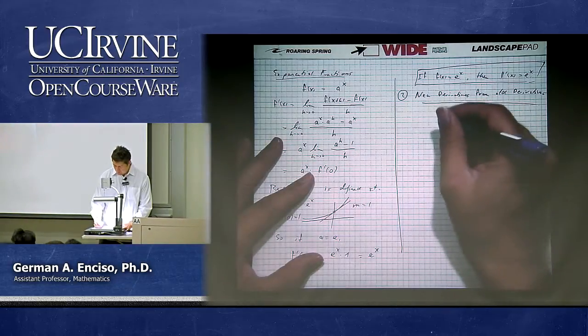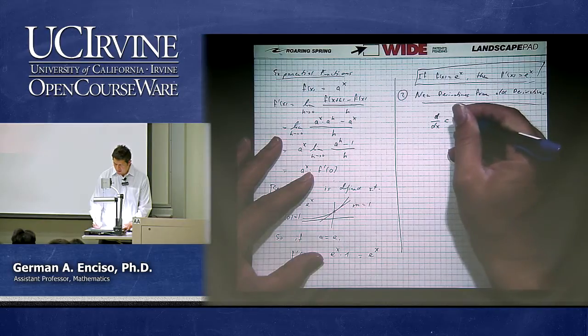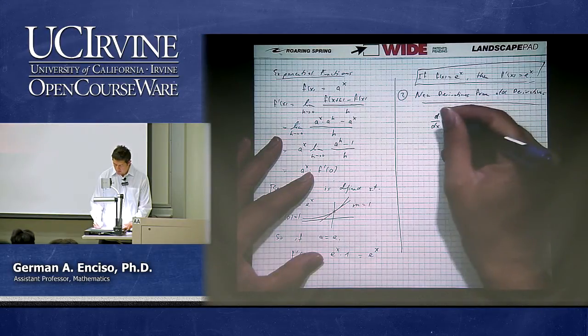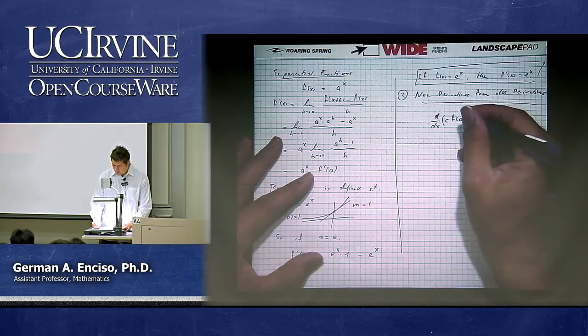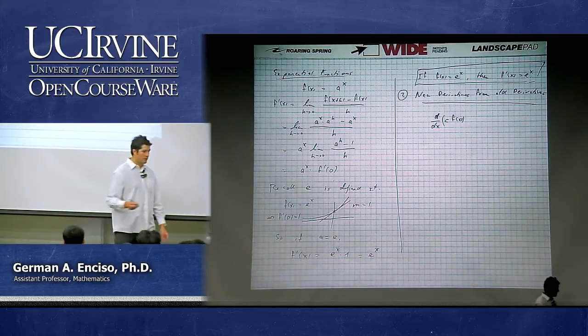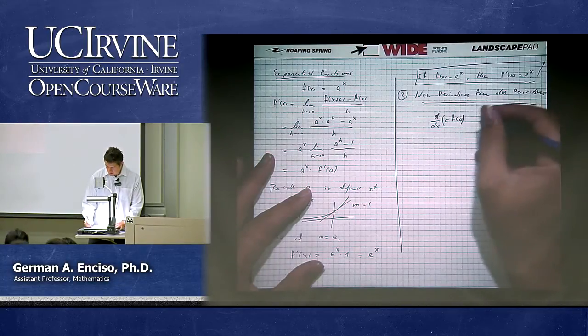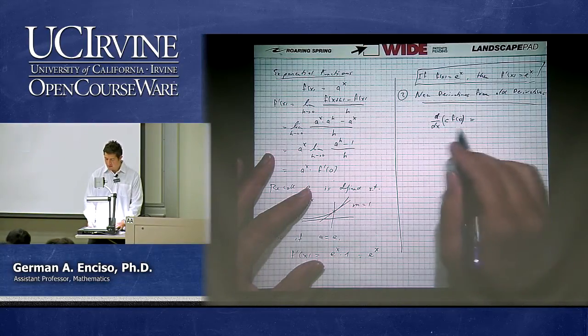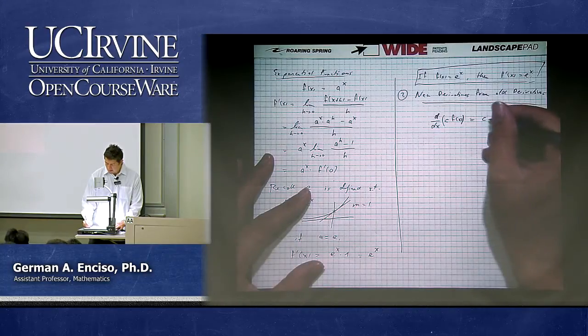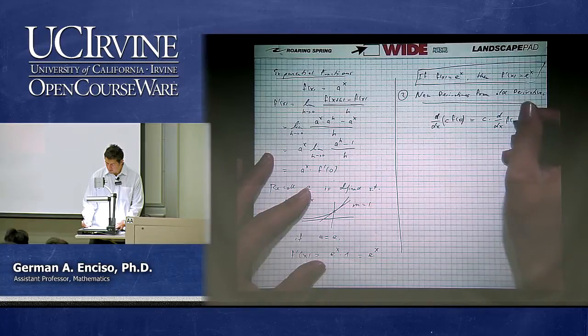So for example, suppose that you have a function f of x, and you want to find the derivative of a constant times f of x. This is basically the example we just said with 2 times e to the x. So the derivative of a constant times a function is c times the derivative of the function.